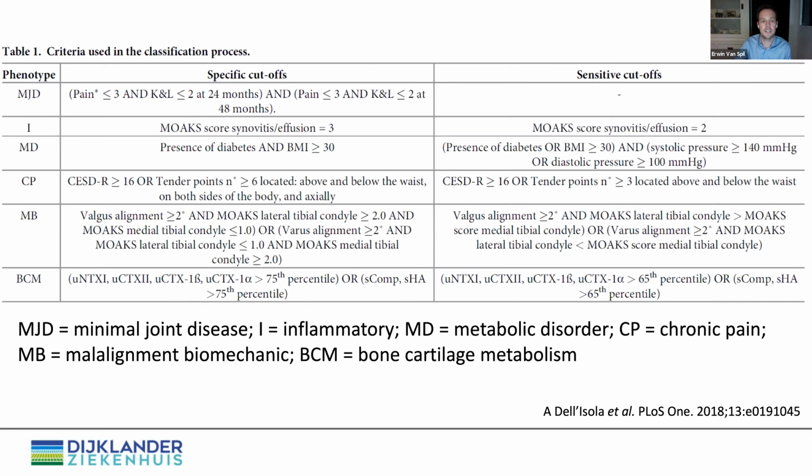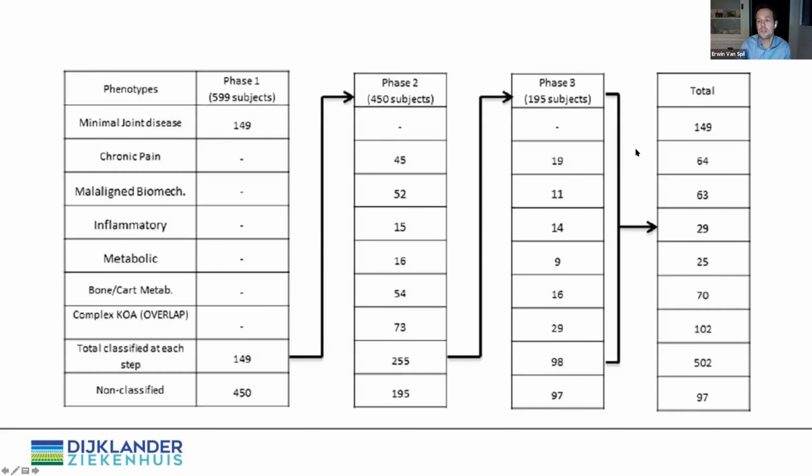They looked for criteria to define these phenotypes within OAI. I don't want to go into detail, but I just want to show that they were indeed able to, in the last phase of the analysis, detect patients for every phenotype within the FNIH biomarker consortium.